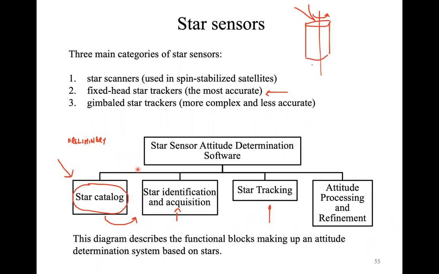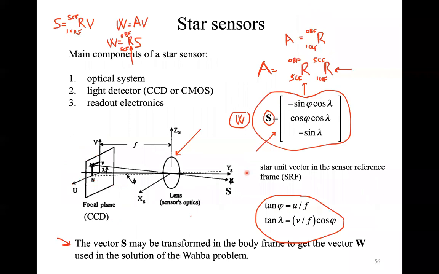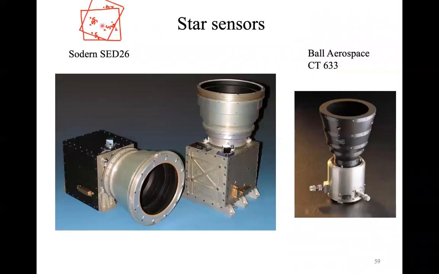Every time that you have to reload a map, that means that you have to do much more computationally demanding processes on your onboard software. With the star tracking mode, as we have seen here, you need to take into account only a specific portion of the sky, and so computationally it is definitely less demanding.